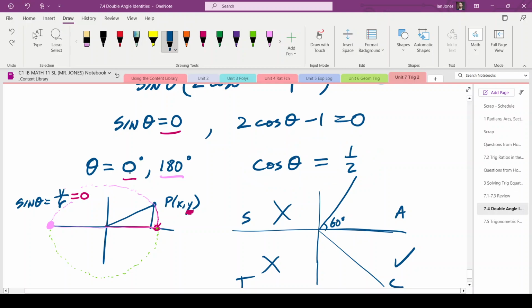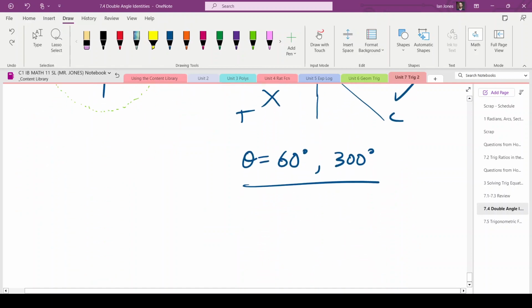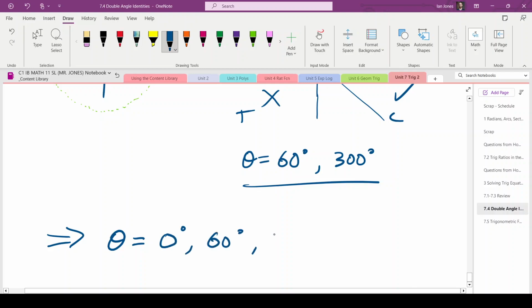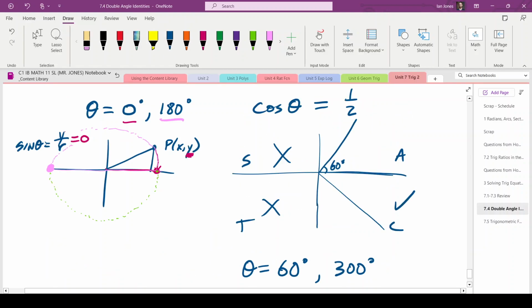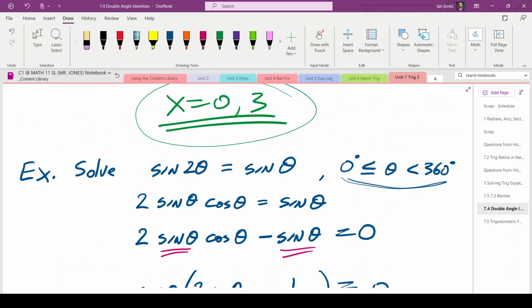So altogether then, we have 0 and 180, and we also have 60 and 300. So altogether, we have theta equals 0, 60, 180, I'm doing them in order, and 300. All four of these, if you took any one of them and plugged it back in here and here, you would get a true equation. That's what we've done.